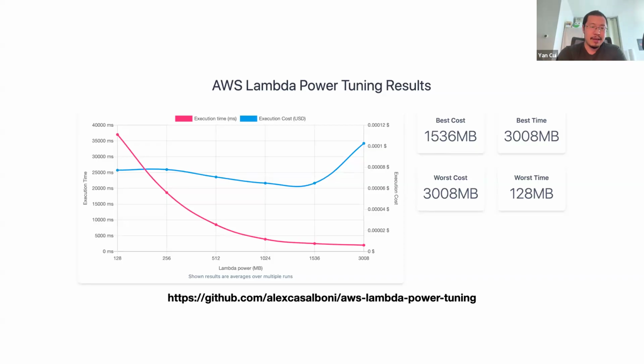That is up to the point where, because this function code is single-threaded Node.js code, once you go over 1.8 gig you're not getting any more performance out of it, but you're spending more per millisecond, and therefore the cost goes up. And that's exactly what happened to my client. They weren't doing multi-core, and so they were at the full 10 gigs, so their cost was all the way up somewhere at the top right there.